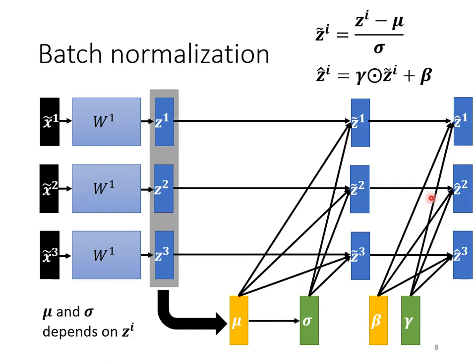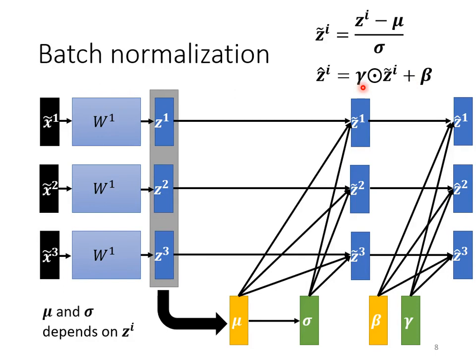But someone will ask, you said that to make the range of each dimension the same, we came up with the solution of batch normalization. But now, if we multiply by gamma and add beta, does this operation make the distribution of each dimension different again? It is possible. But in practice, during training, for the initial values of gamma and beta, you will set the initial value of gamma to 1. So initially, gamma is a vector that contains only ones, and initially, beta is a vector that contains only zeros.